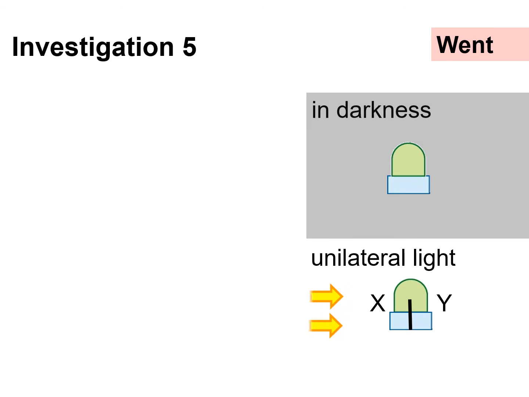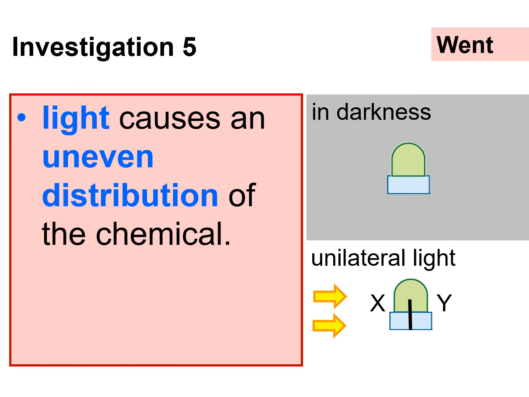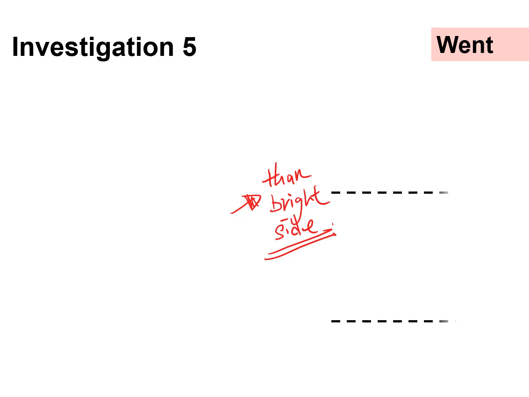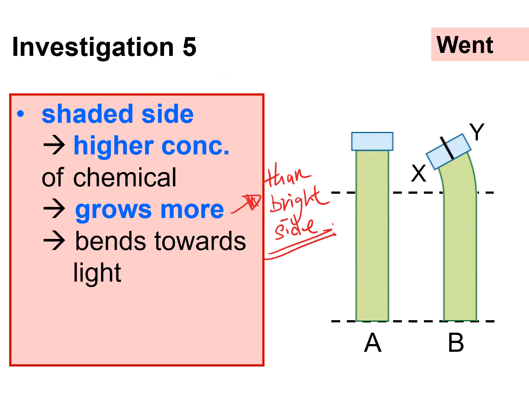After the experiment, Went made the following conclusion, that light causes an uneven distribution of chemical. The shaded side receives a higher concentration of chemical, so it grows more than the other side. Therefore, the coleoptile bends towards the light.